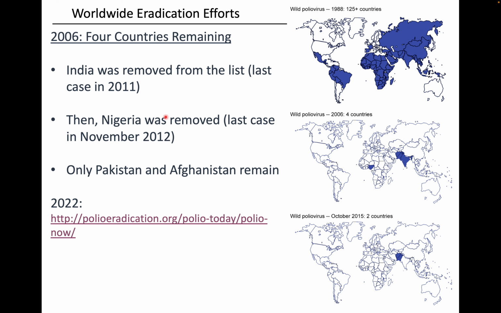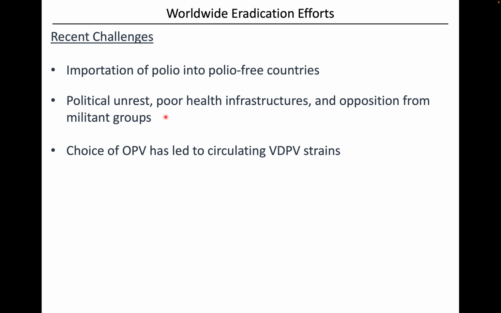But we're getting there. So we are down to just a handful of countries and a small number of cases. So that's encouraging. Although as you're aware, there has been some resistance to vaccines in general, not just in the United States, but I think that's been worldwide. That has kind of made it more challenging.